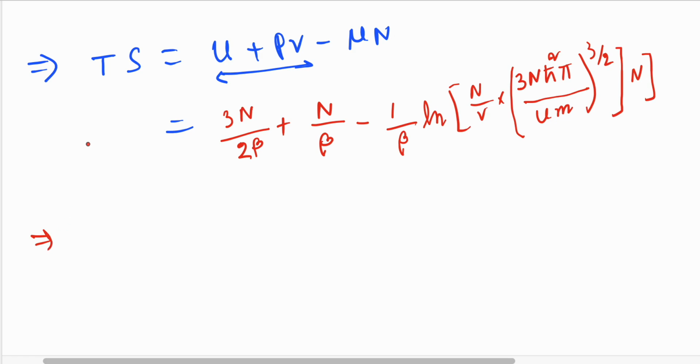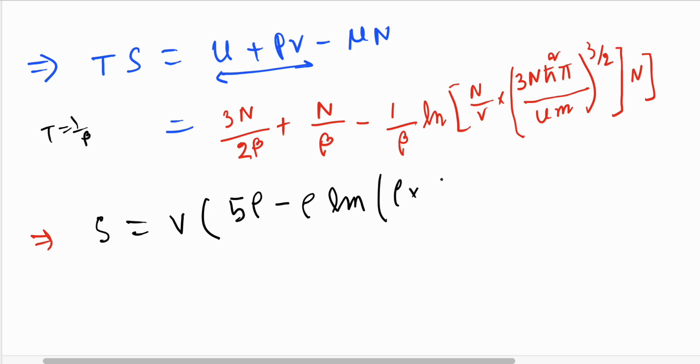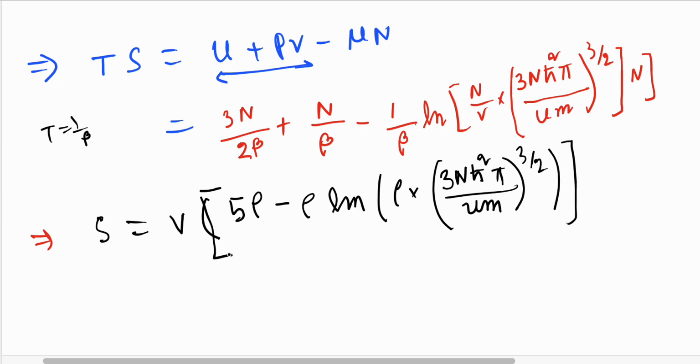So S will be, T is actually 1 by beta, so the 1 by beta cancels out. If I take V common, that will be 3 by 2 plus 1 is 5 by 2, then n by v is rho, minus rho ln rho into (3n h cut square pi m) to the power 3 by 2. So that is my answer.